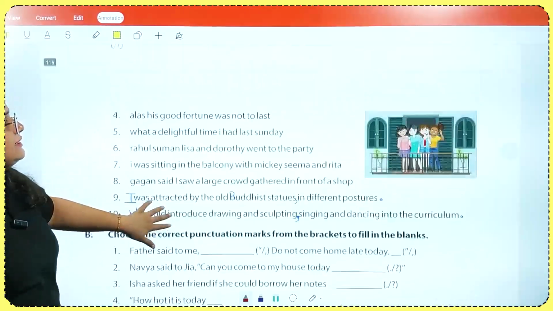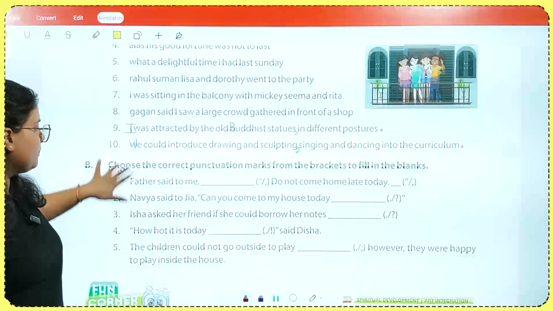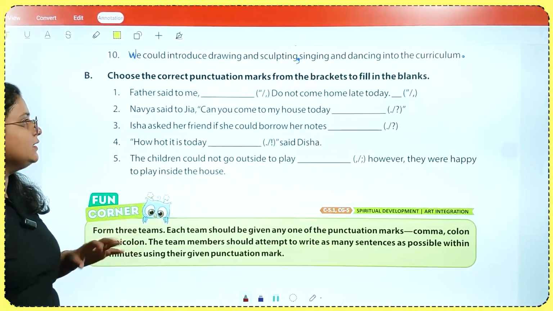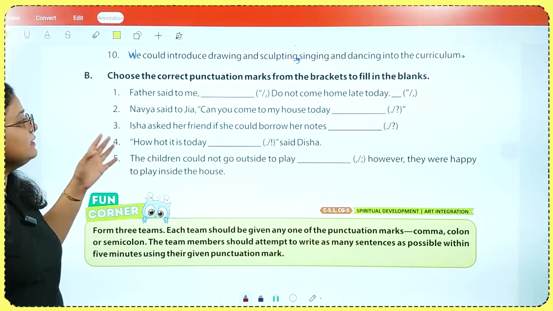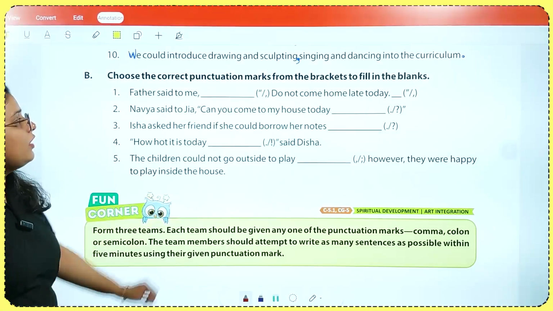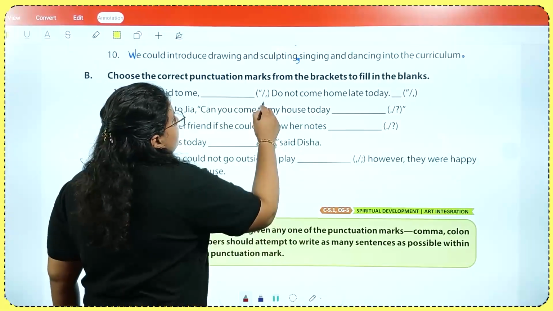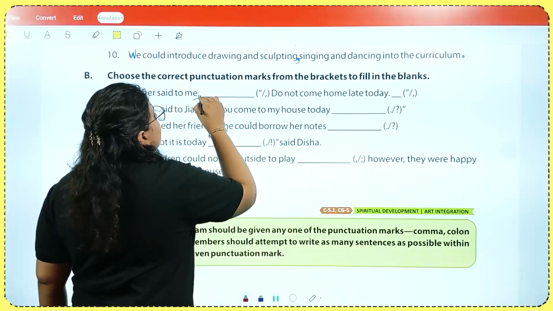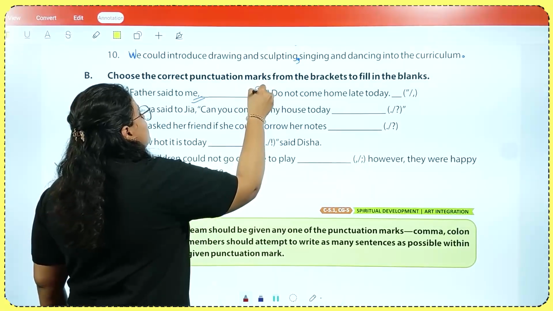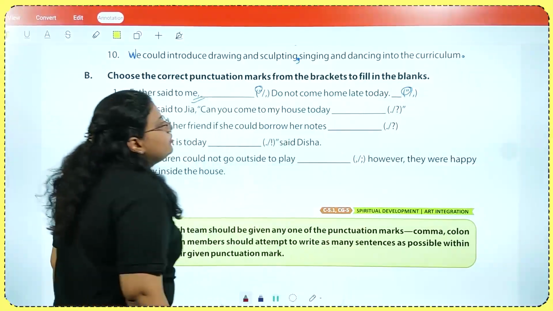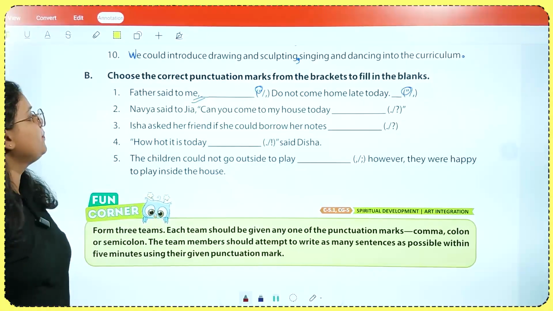You have to do these on your own. Choose the correct punctuation mark from the brackets to fill in the blanks. Father said to me, now you have two options, either the inverted commas or the simple comma. The simple comma is already here, so we just want the inverted commas on both sides. "Do not come home late today."